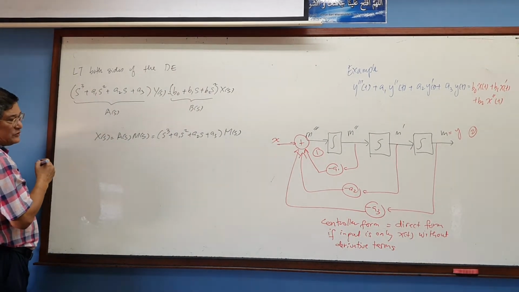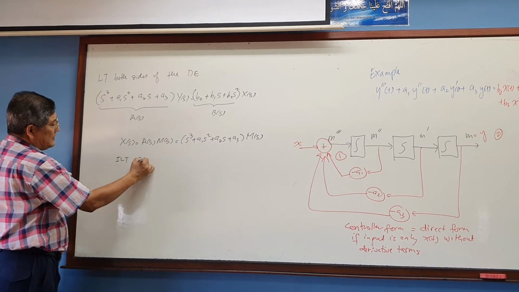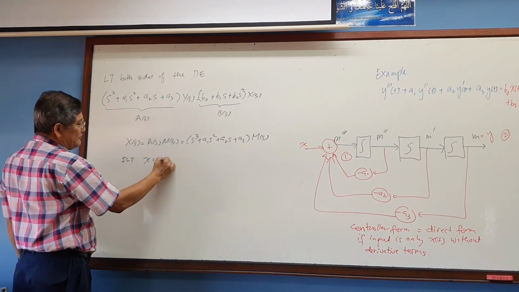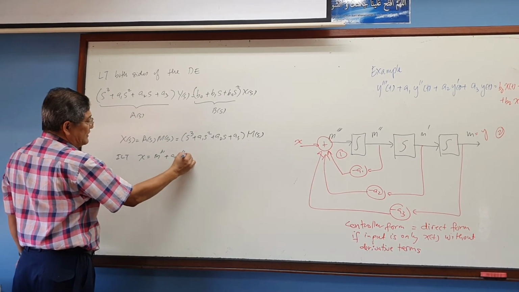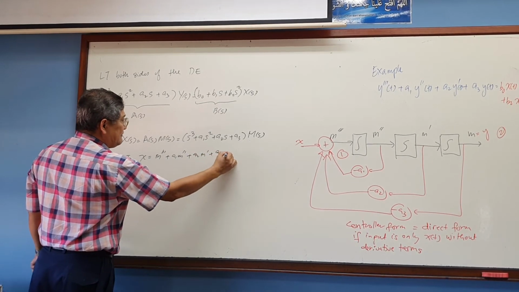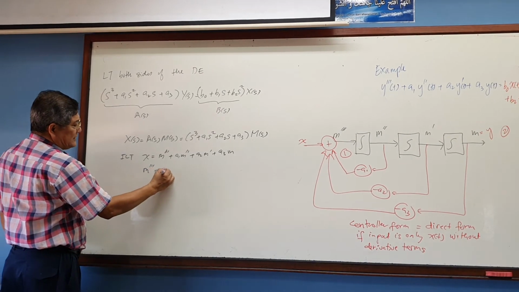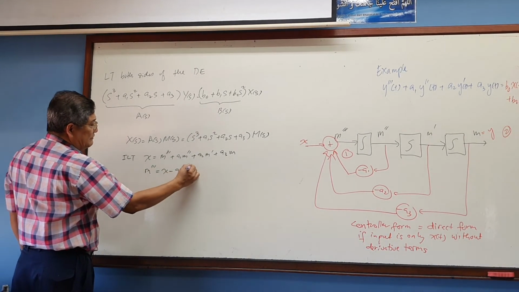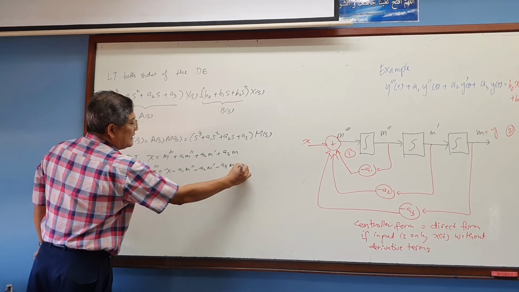And we transform into time domain, so this one will be the inverse Laplace transform. x will be equal to m triple prime plus a1 m double prime plus a2 m prime plus a3 m. And m triple prime will be x minus a1 m double prime minus a2 m prime minus a3 m.